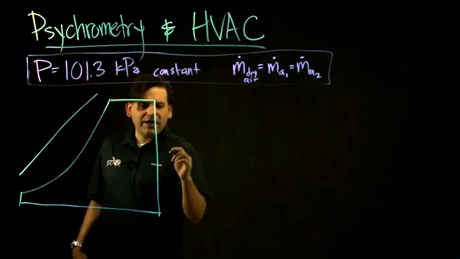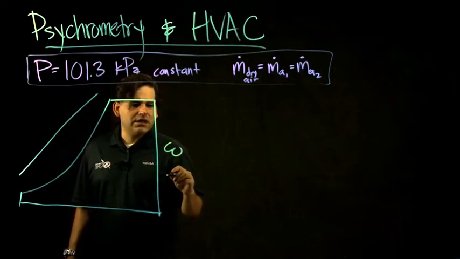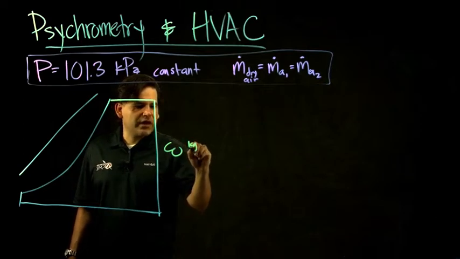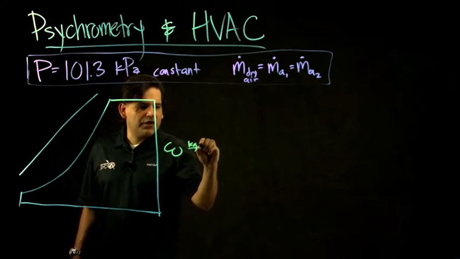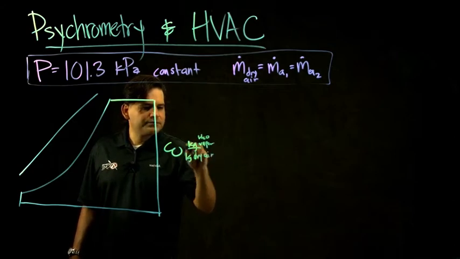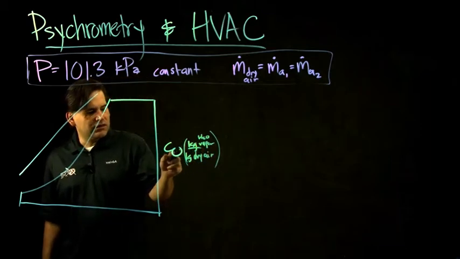And this left axis here is omega. The book gives you kilograms of vapor over kilograms of dry air. Some give grams just because it's an easier number to work with.